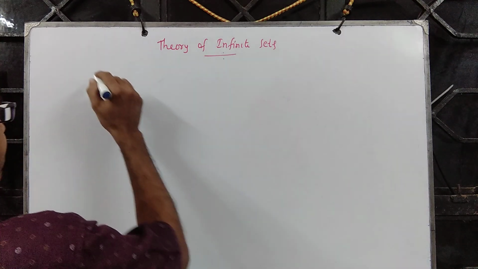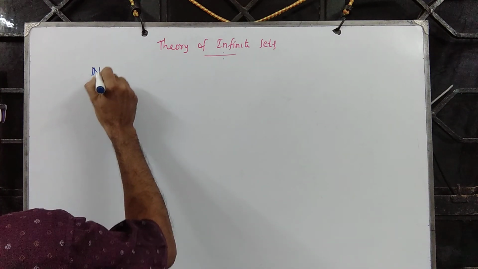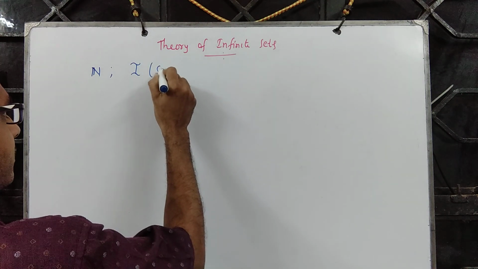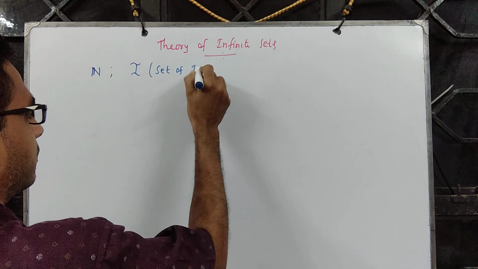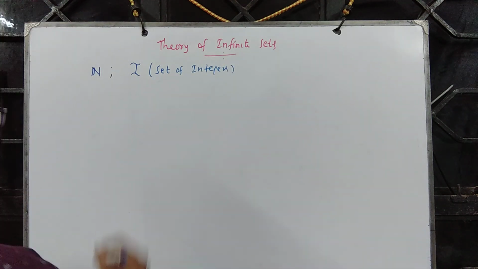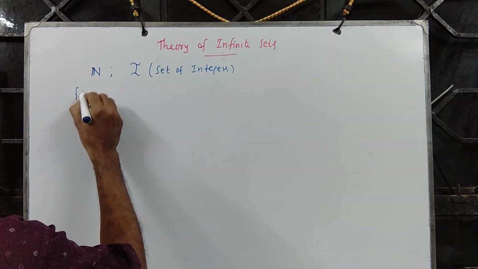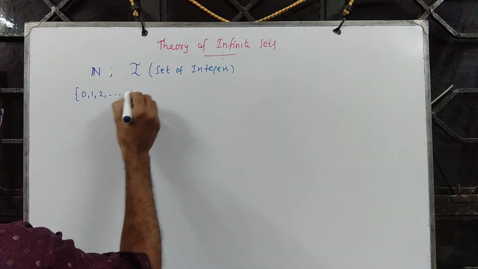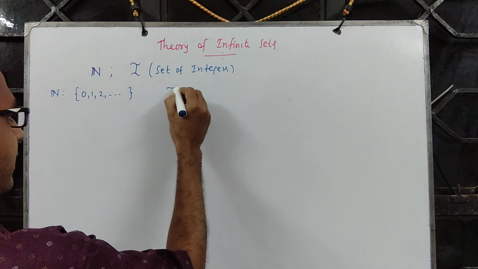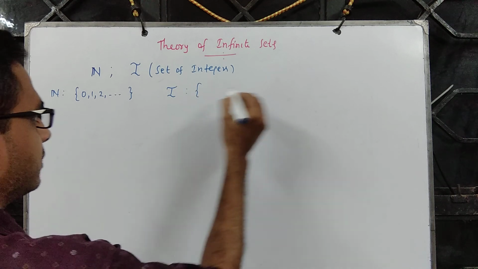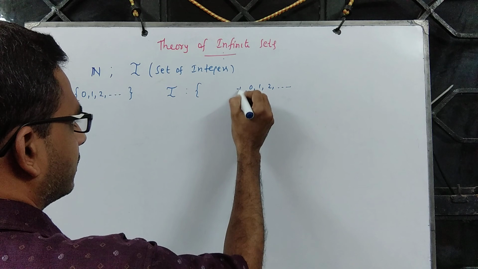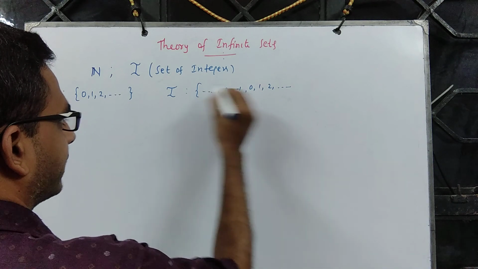Let us compare the cardinalities of the set of natural numbers and the set of integers. On one side you have 0, 1, 2 and so on. This is the set of natural numbers. On the other side, the set of integers: 0, 1, 2 on this side, -1, -2, like this.